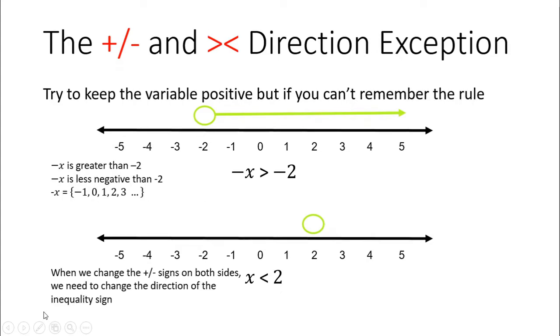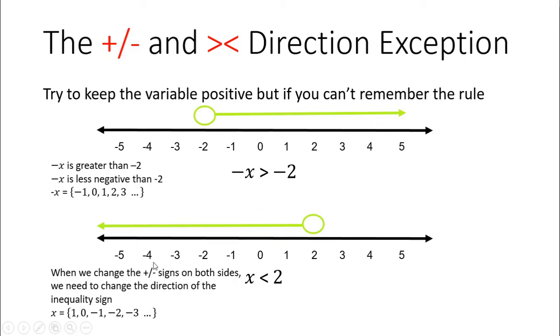My arrow will go in the opposite direction, and you will see that x being less than positive 2 gives me values of x being 1, 0, negative 1, negative 2, negative 3, and so on. They're the same values as we have above, except we are just changing the positive or negative sign.